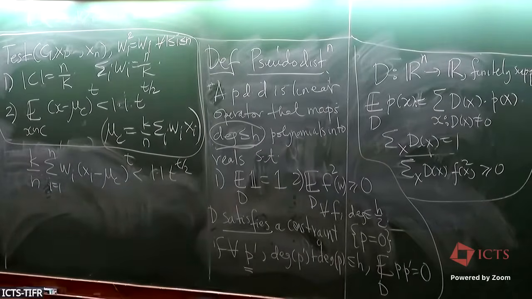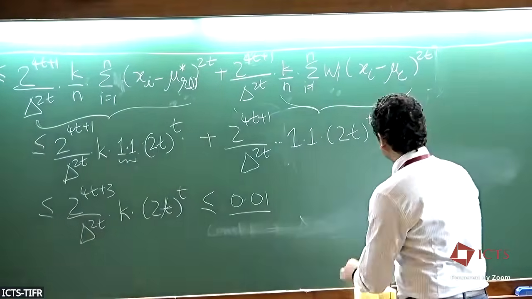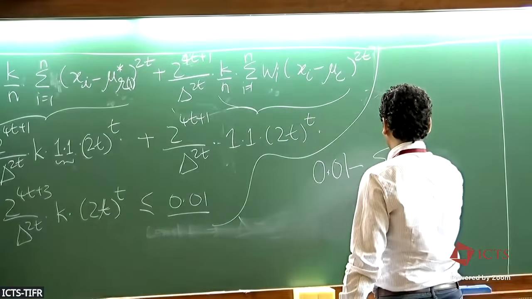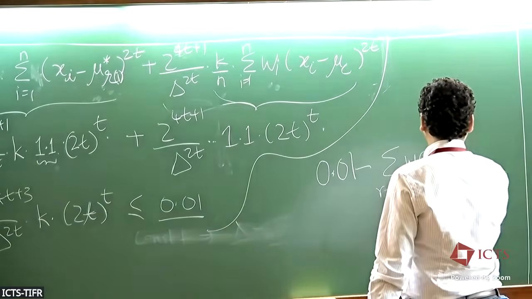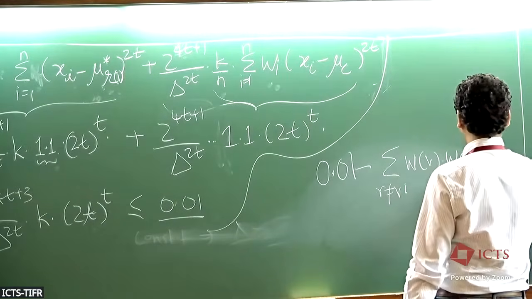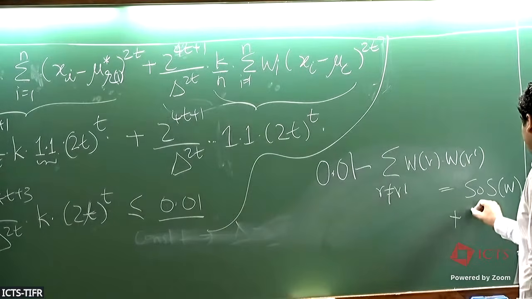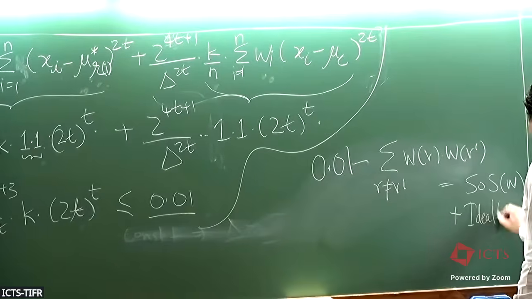We proved that some WR times WR prime is at most some constant over here. But we observed that this was a sum of squares proof. So in particular, what we proved here can be written as 0.01 minus R not equal to R prime WR prime is some sum of squares polynomial in W plus something in the ideal generated by the constraints.